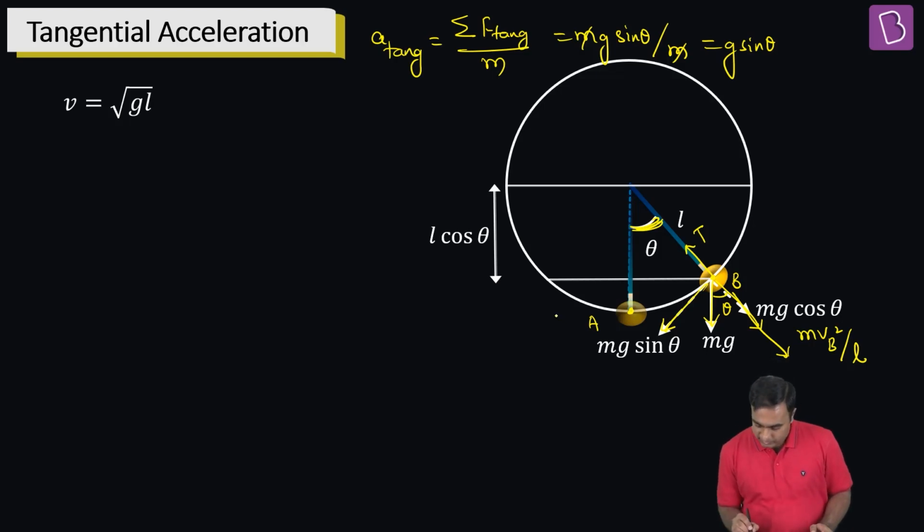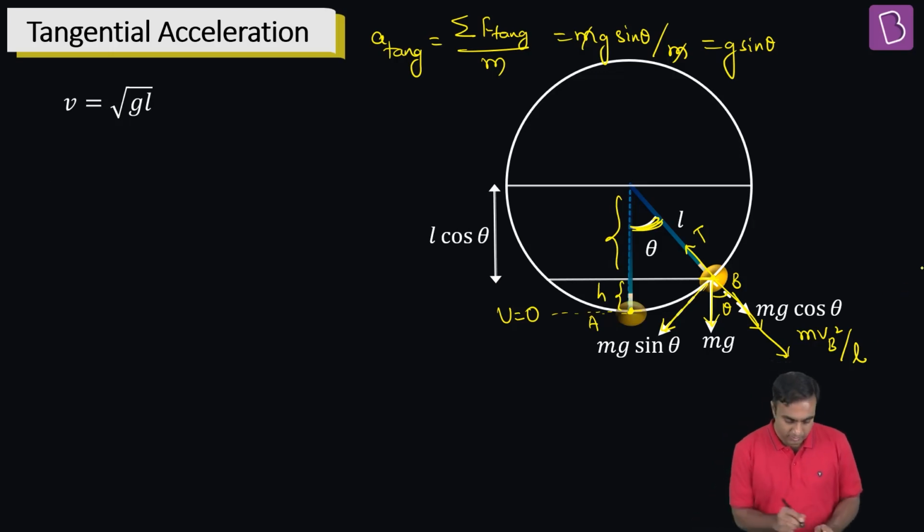So, if you consider this level to be the one where the gravitational potential energy is 0, and it is the only kind of potential energy we are interested in this case, the height of position B with respect to A is this much. The length of the string is L. So, this is L cos theta, and this height is L minus L cos theta.